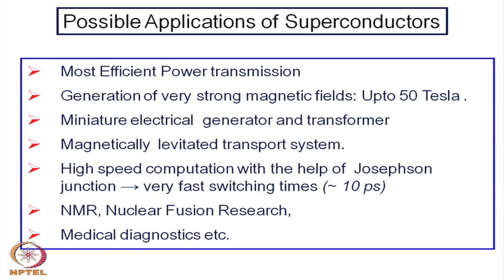In fact, research is still going on to take advantage of these very high switching speeds, of the order of 10 picoseconds and so on. I will talk a little bit about the Josephson junction in a few minutes, because in addition to computer applications, there are many other applications, and some of them are already in use.